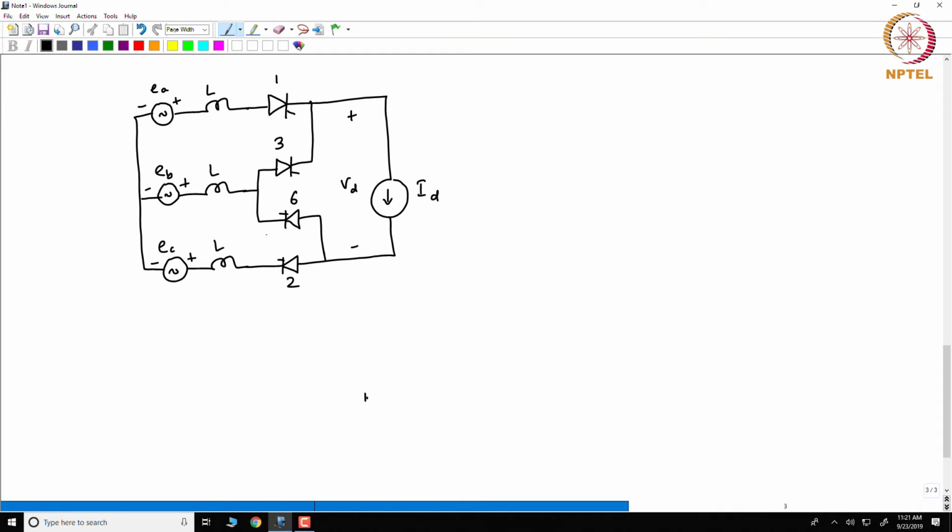So I have taken one of the valve currents, that is I6, as an element of X1. So I6 is one of the elements, and of course the other element of X1 is I1.